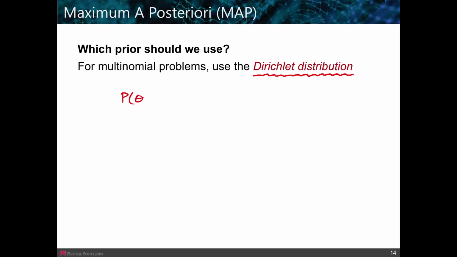Okay, what is the Dirichlet distribution? Well, it's saying that the joint probability of theta 1, theta 2, up to theta k, is equal to 1 divided by, we do still have some weird beta function here, that's a function of an array of virtual counts for each of those k options, times the product from i equals 1 to k of theta i to the beta i minus 1.